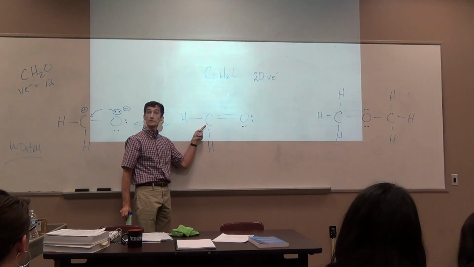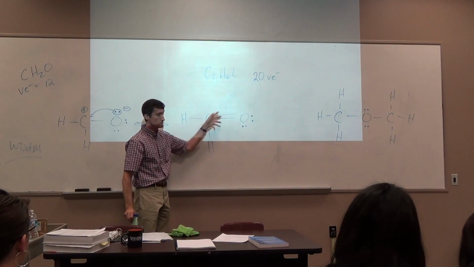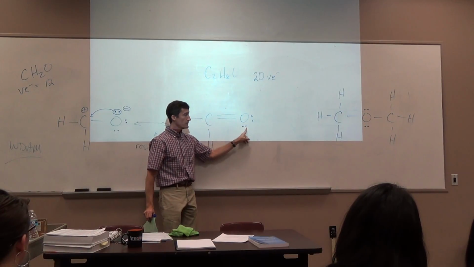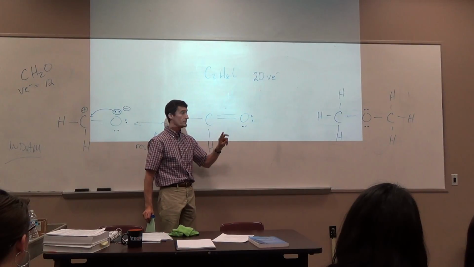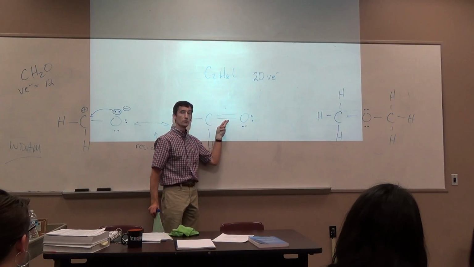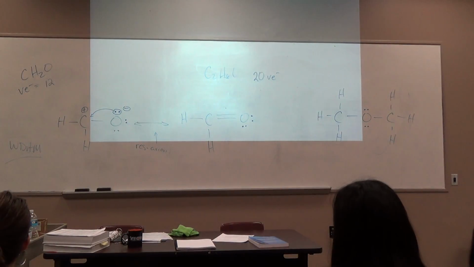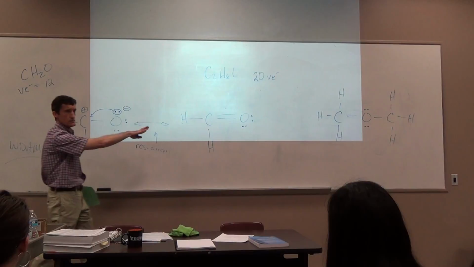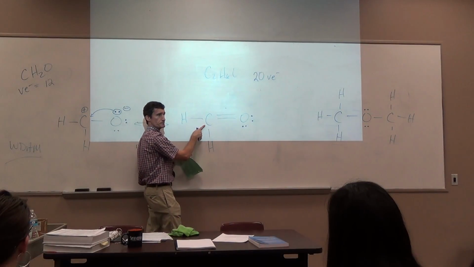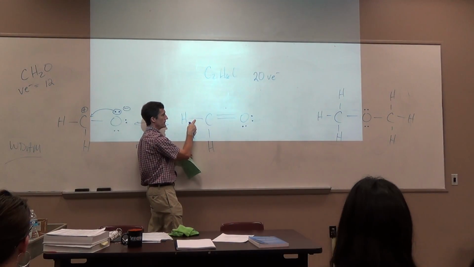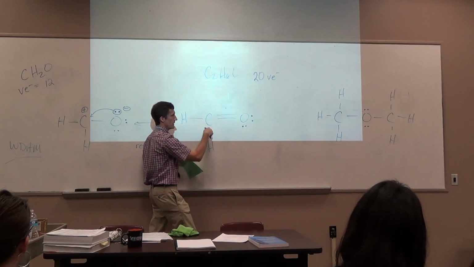Now we have standard bonding for carbon. What's standard bonding? 4 bonds. Standard bonding for oxygen? 2 bonds, 2 lone pairs. The 2 bonds just happen to be a double bond. Okay, any charge here? What's the charge of that carbon? Neutral. It owns 1 of each bond: 1, 2, 3, 4.